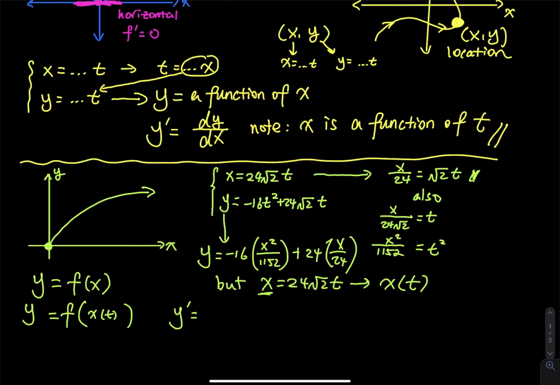We have a function x inside a function f. That means we have to apply the chain rule, right? So first, we take the derivative of f prime of x of t, and then using the chain rule, we also need to take the derivative of the inner piece, right? So that means we have to multiply by x prime of t.